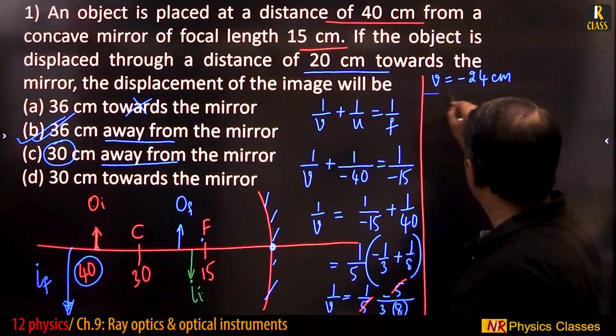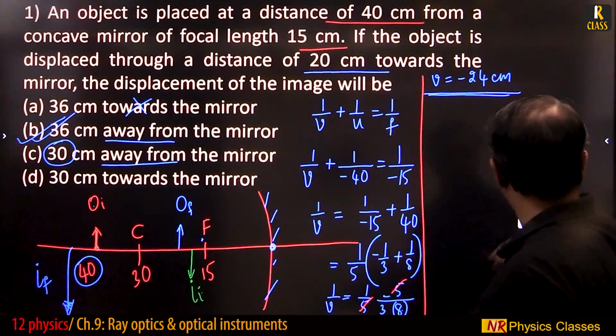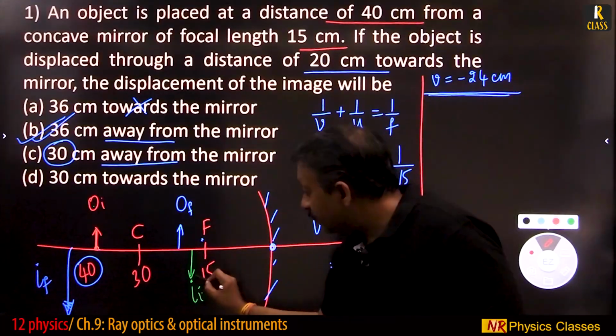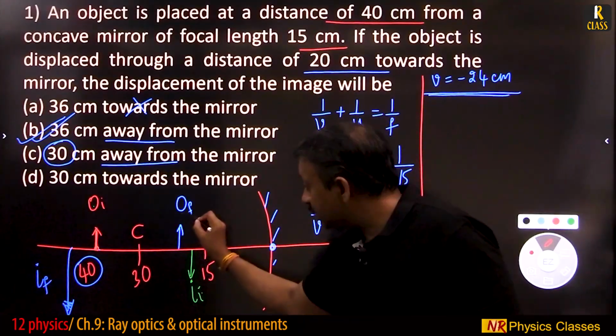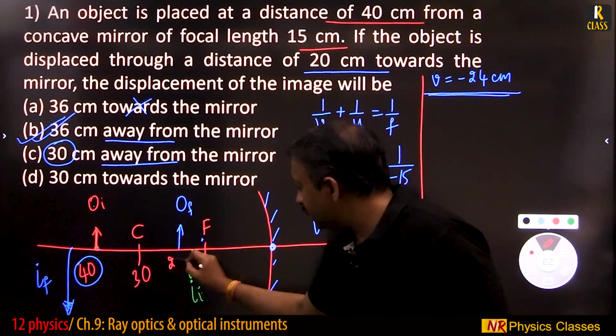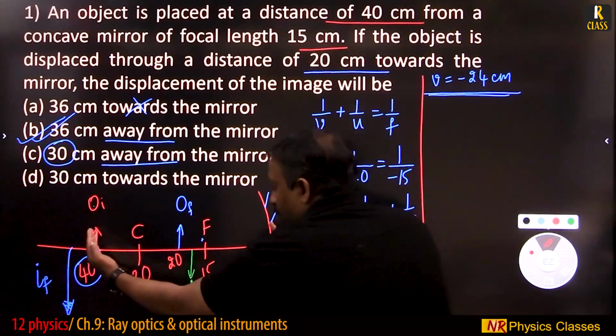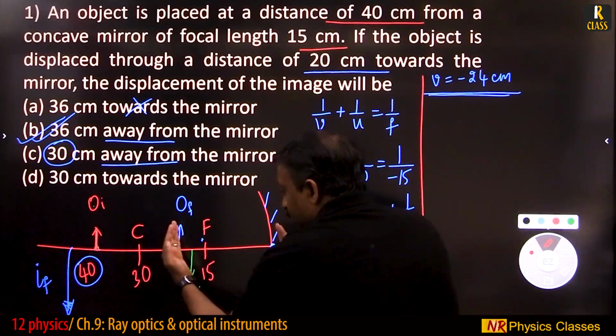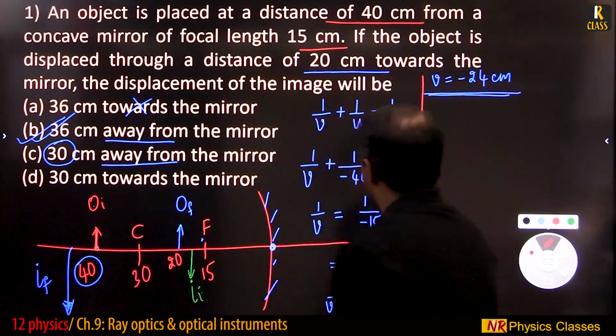Now the first half is over. Next, this is the final position of the object. The object distance is now 20 centimeter: this was 40, the displacement is 20, and the remaining is 20.